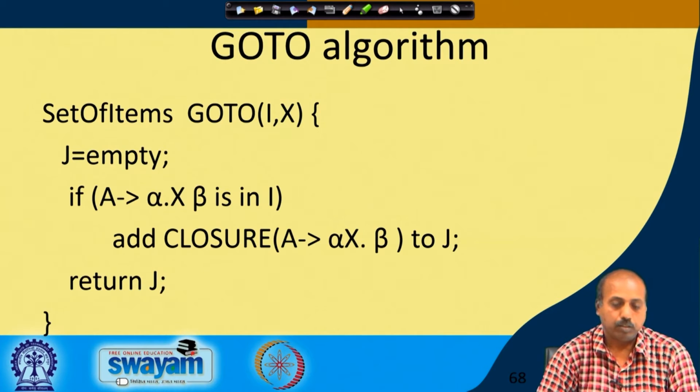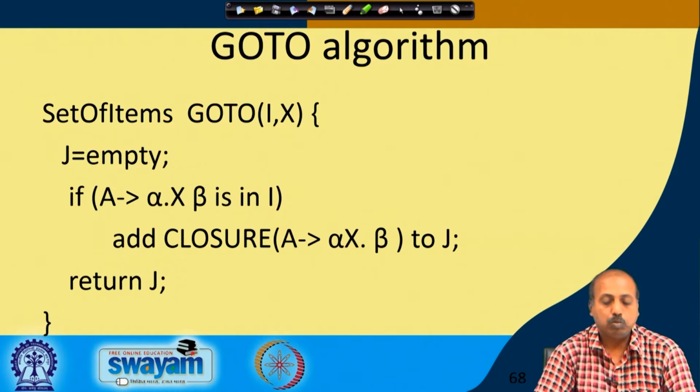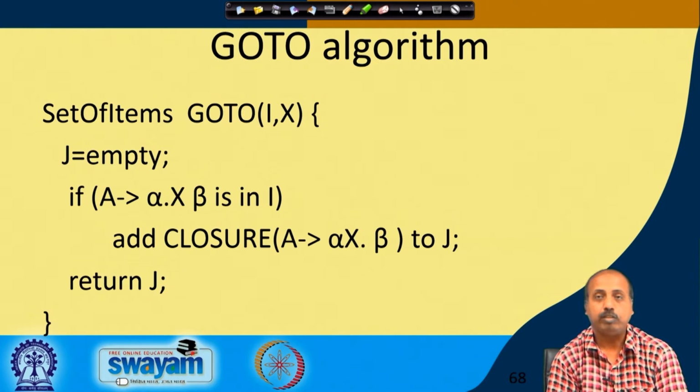Similarly, the goto algorithm. This we have also seen, the goto operation, and it is very simple. Goto I, x takes item set I and input x, and tells where you go. The input may be a terminal or a non terminal, basically some grammar symbol.